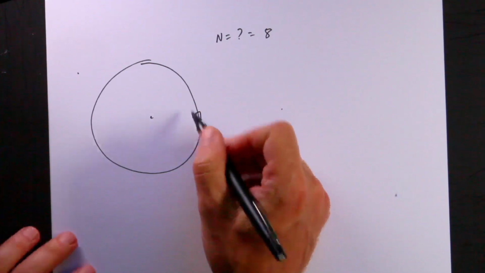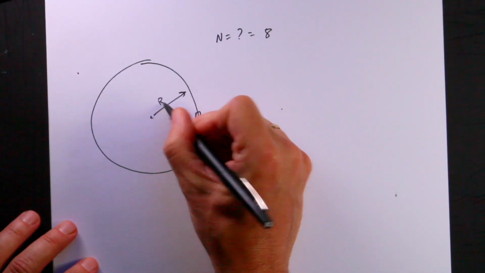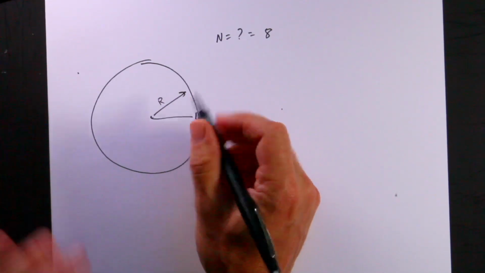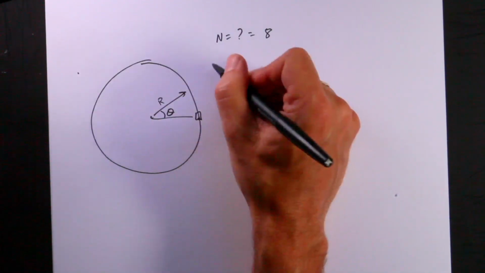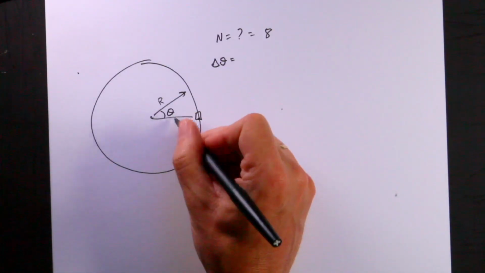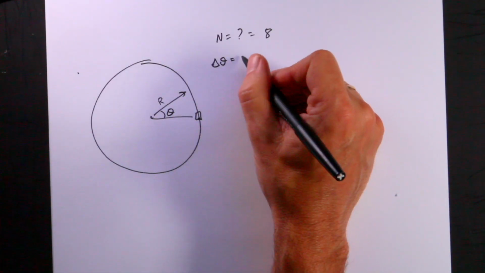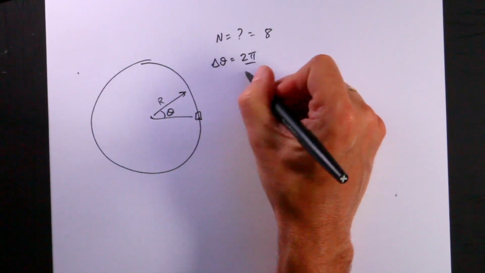So I can put my first piece right here, and this is the radius r. Then I can break this into angles. This is some angle theta, where d theta, the angle between each piece, is equal to 2 pi over n.